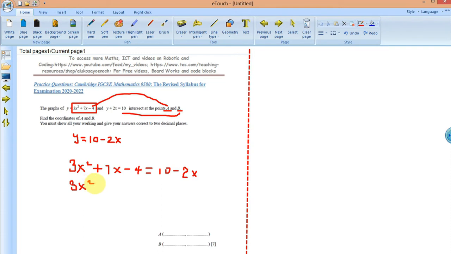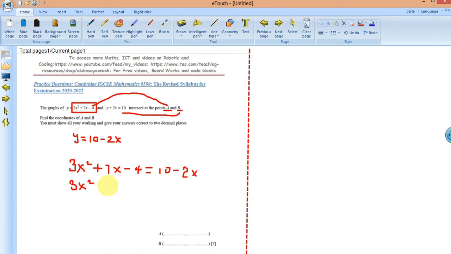Don't forget this one here is plus 10, so when you move it here it becomes minus. Also this is minus, when you move it here it becomes plus. So that is 7 plus 2, so that is plus 9x. Then minus 4 minus 10, that is minus 14, equals 0. This is the resulting equation from the two.